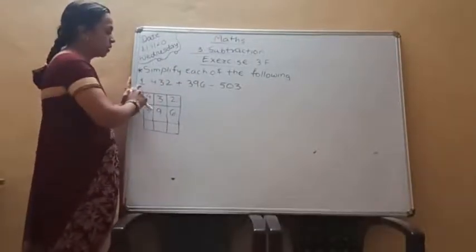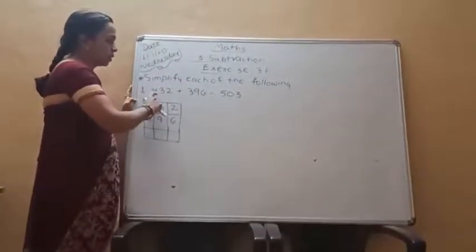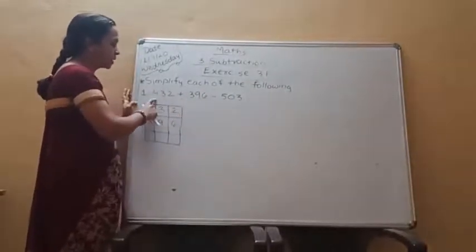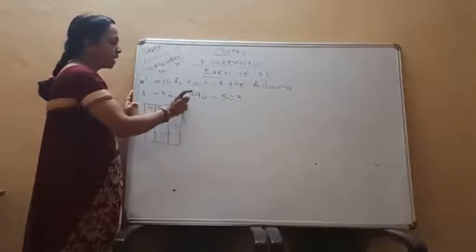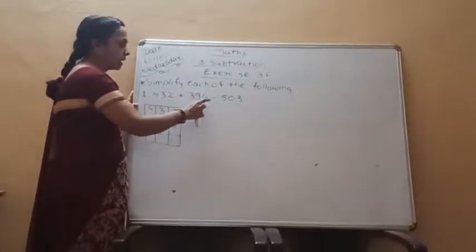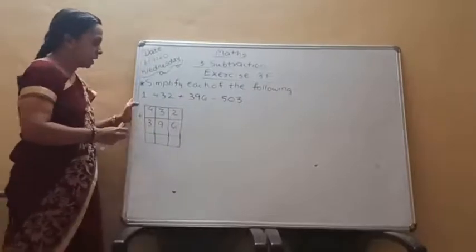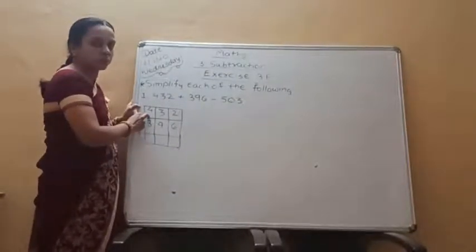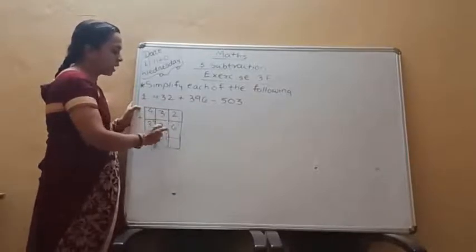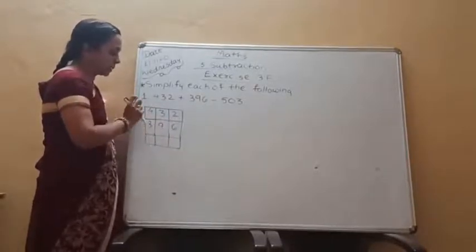So we will solve first example. So step by step we have to solve this example. First we will do the addition. 432 plus 396. So in your maths notebook, squares are there. So in each box you have to write down each separate number.